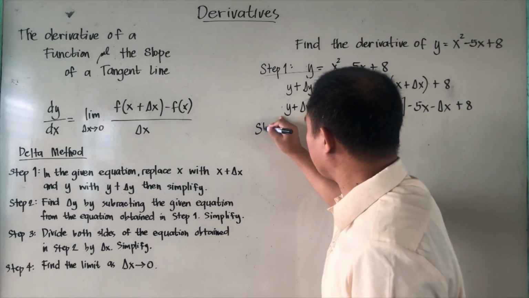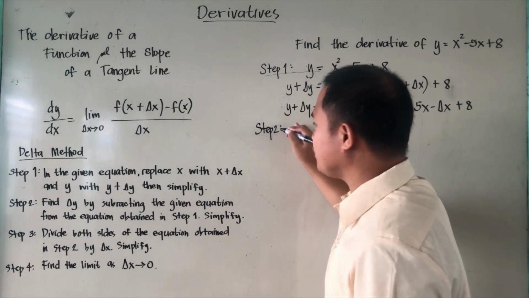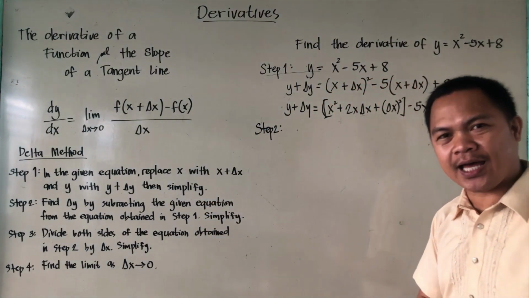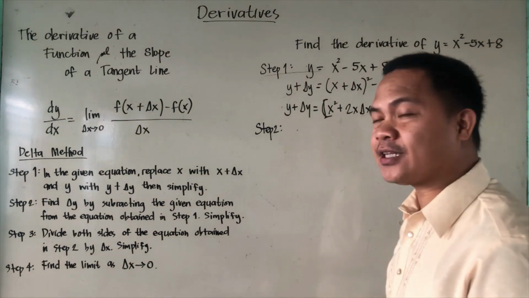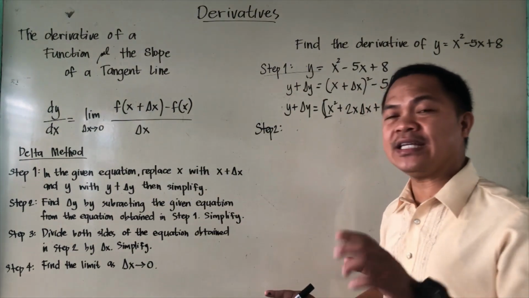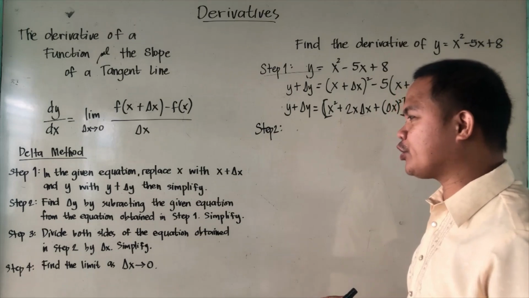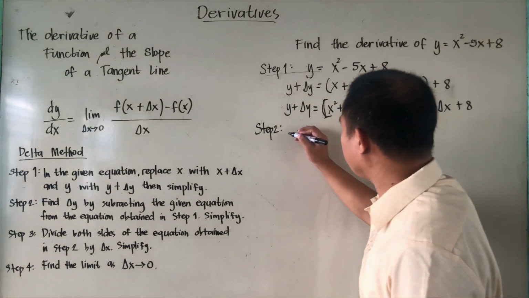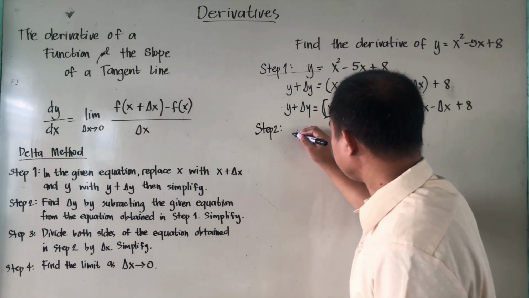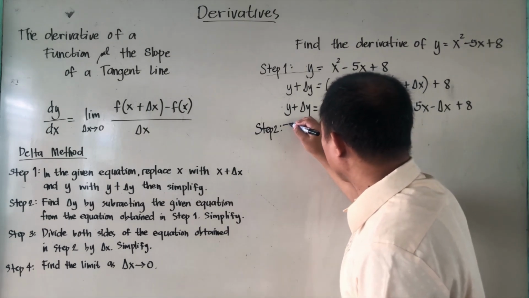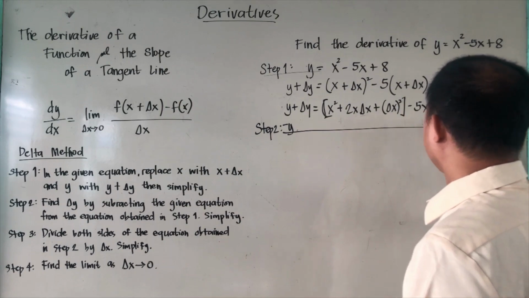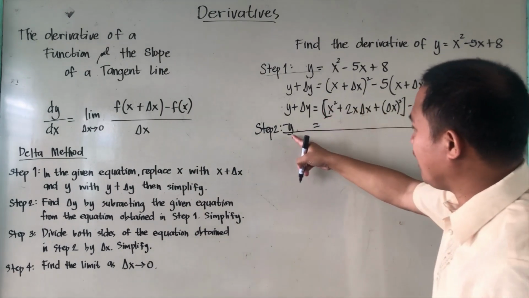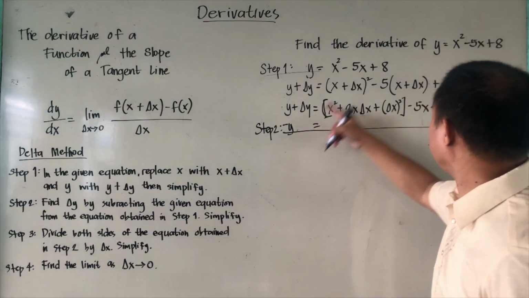How about step 2? Step 2 states that we need to subtract the given equation from the equation that we obtained in step 1. So therefore, we have minus y, the equation of y, ito po ano?